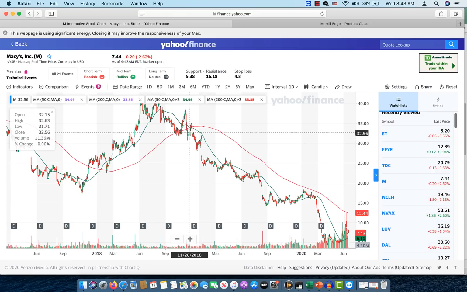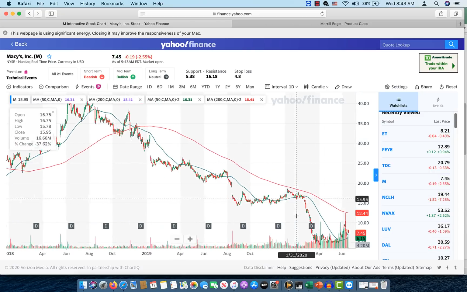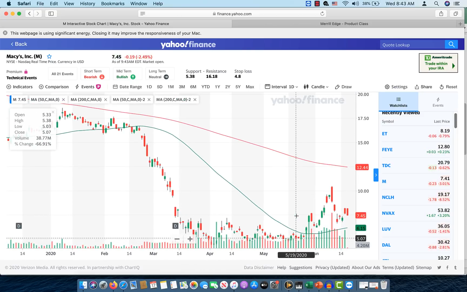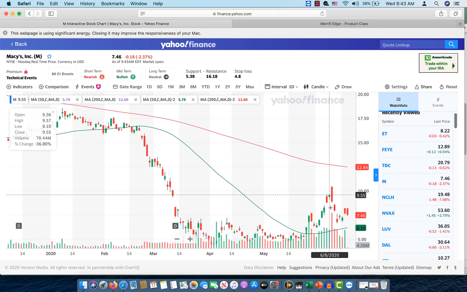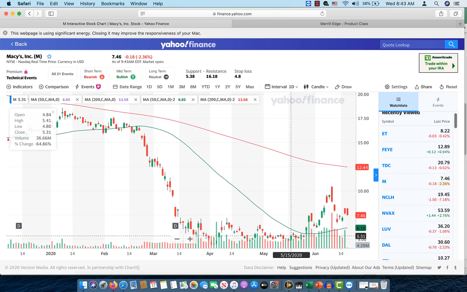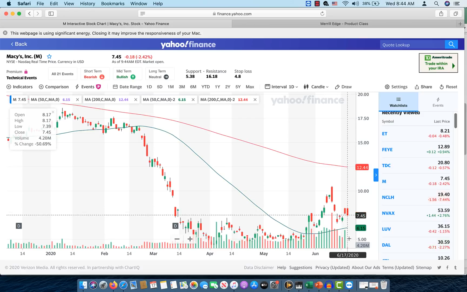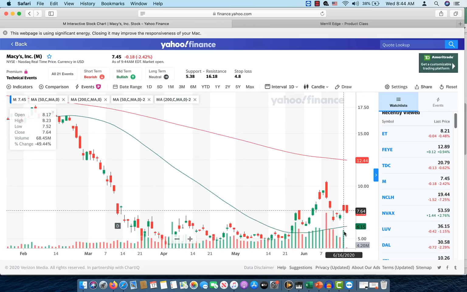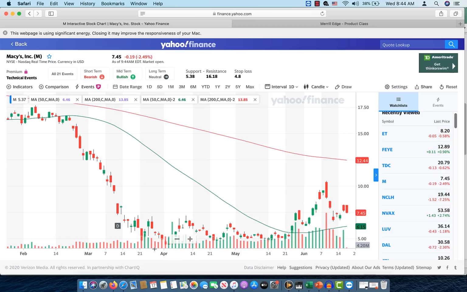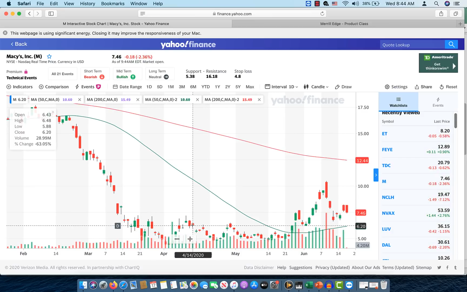All it could tell you is it's going down. Not even when we attempted to retrace up to the 200 day did it want to do anything. Look how far the gap is here. So that's how I look at the stock. This is how I keep playing it back and forth.